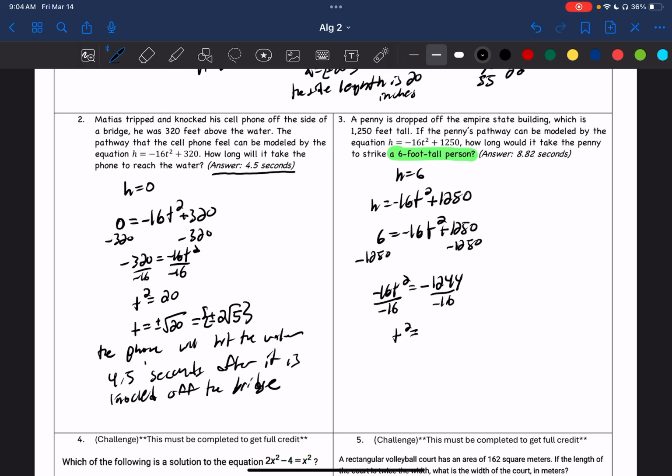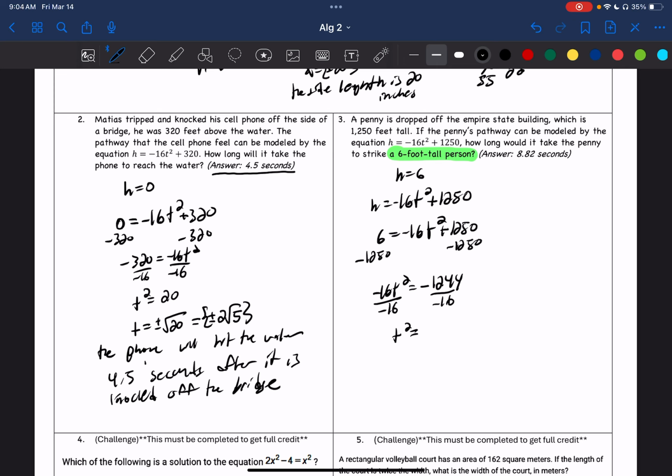T squared is equal to, let's see, I don't actually have a calculator. So let me see if I can do this. Yeah, it'll be faster to do it on a calculator. Give me 1 second. 1244 divided by 16.